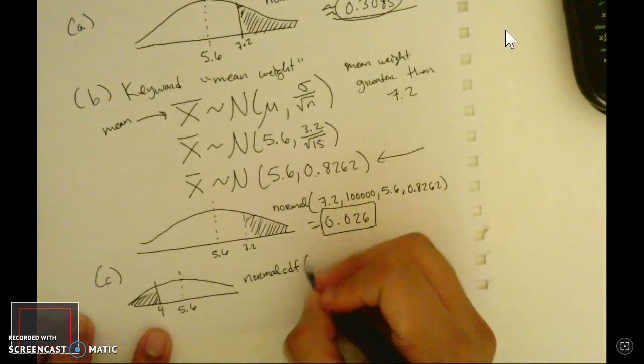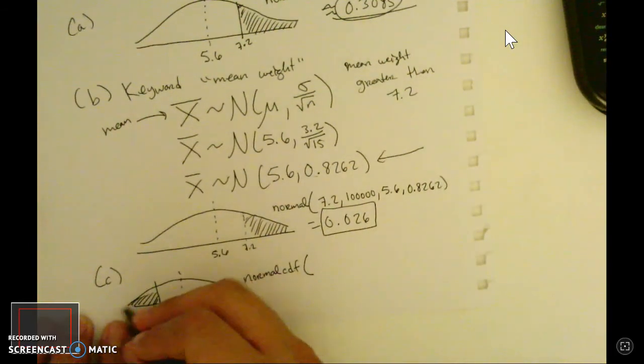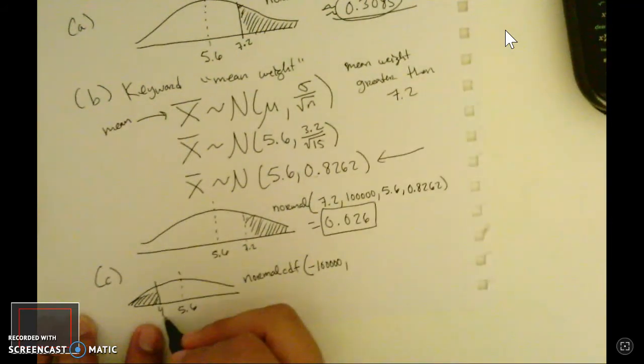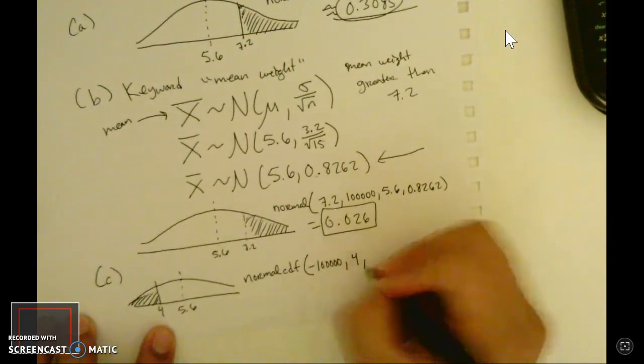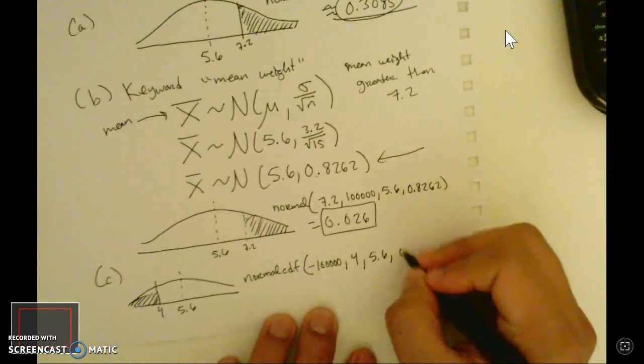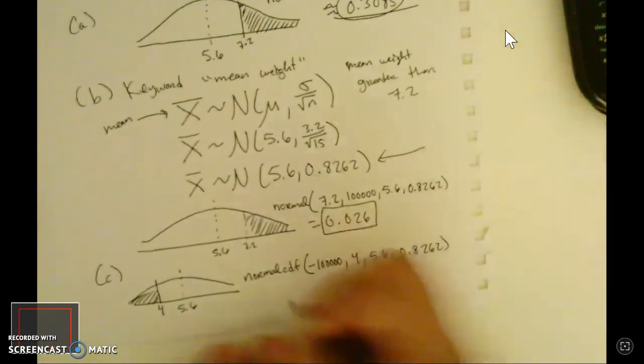It starts from negative 1,000, or negative 1 million, whatever you want to call it, all the way to 4. The mean is now 5.6, and the standard error is 0.8262.